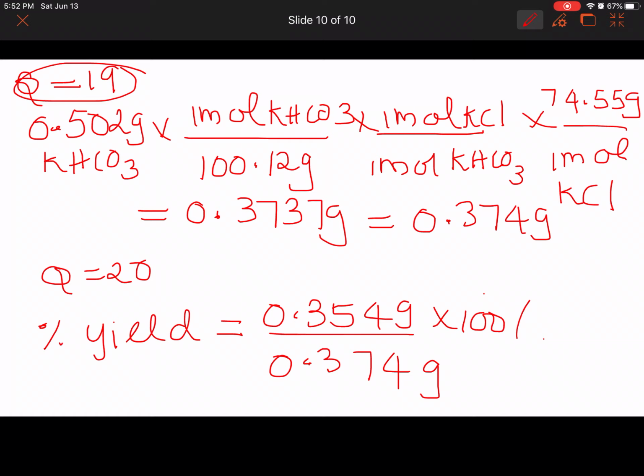Okay, 0.354 over 0.374 times 100. 94.65. So it's about 94.65%, and then when you round it to 3 significant figures, it would be 94.7%.